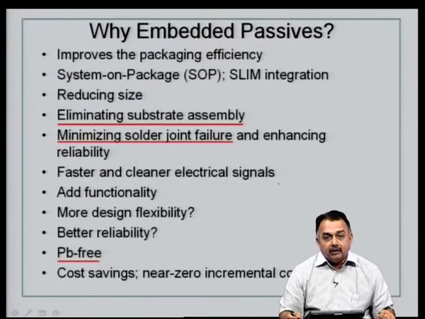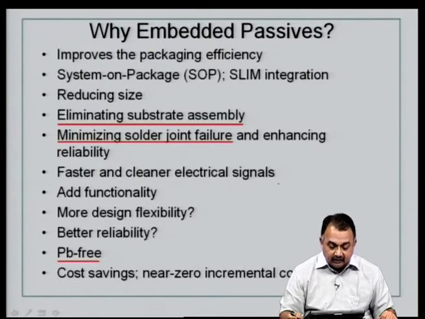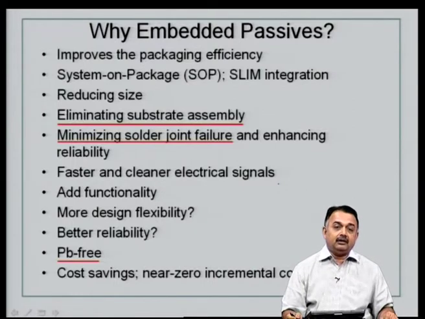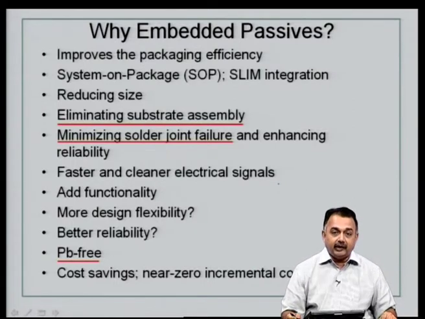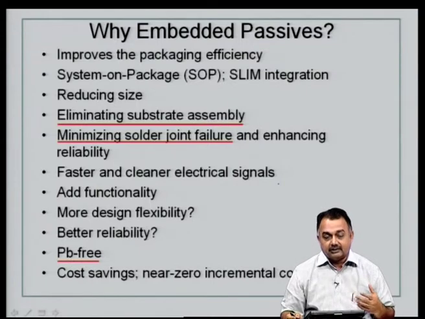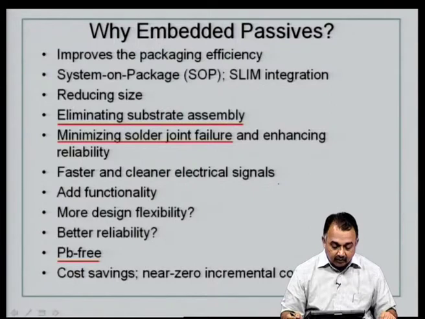Now, after having this case study before you, we will discuss the pros and cons of using embedded passive component technology. So, why embedded passives? That is the main question. It improves the packaging efficiency, because now you are going to do away with packages, right, and you are going to integrate it into the board.